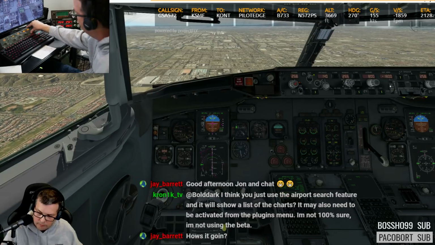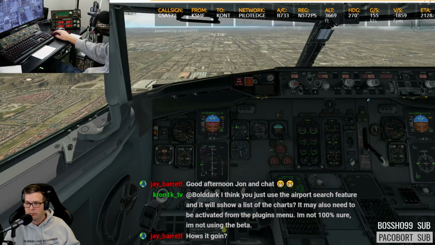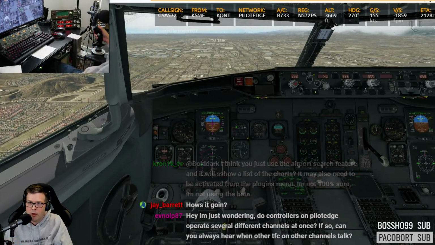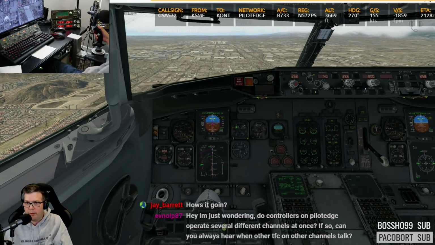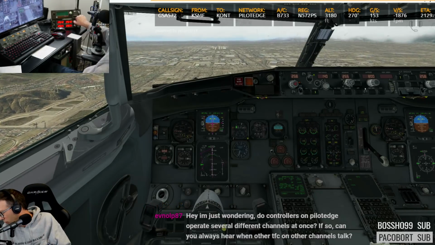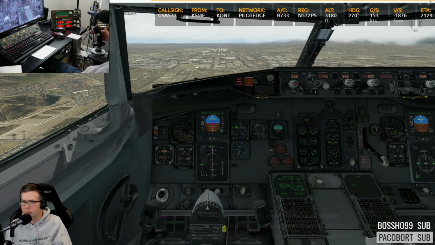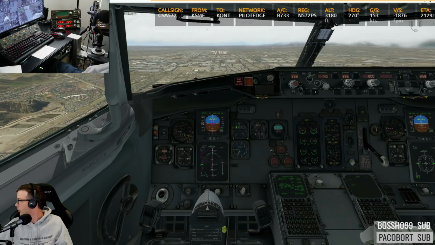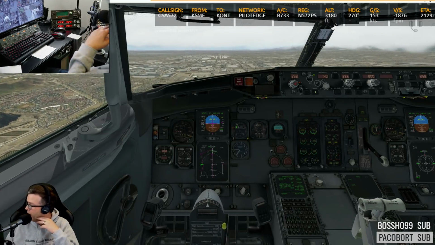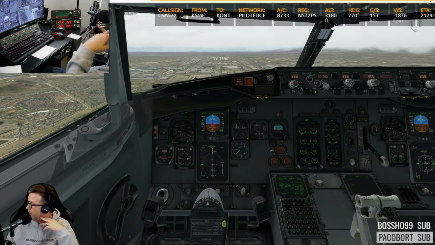Global 572, contact Ontario Tower 127. Pressure 126.4. 26.4, Global 572. Santa Maria approach is November 9751. Ontario Tower, Global 572, ILS 26 right.